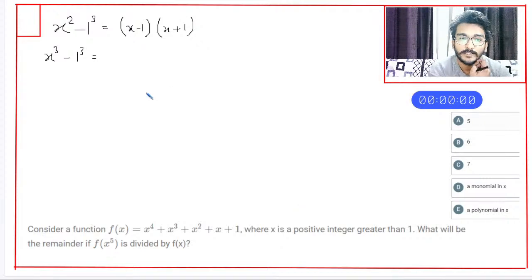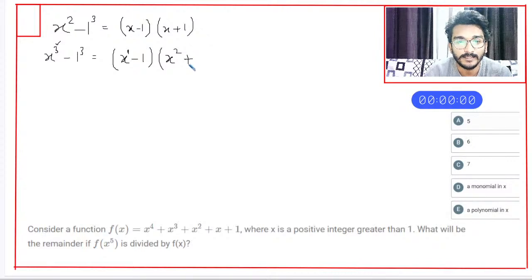Okay, let me continue now. In a cube minus b cube, the fundamental is a minus b, always a minus b times. Then you have used one power and you have to balance 3 in total, so you have to multiply with the power 2. Then this power will reduce and this one power will increase.